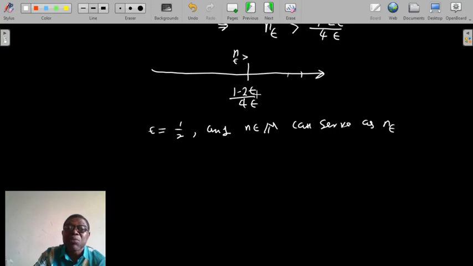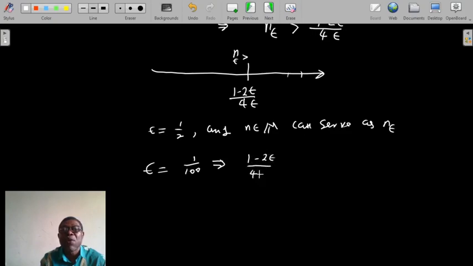So if epsilon is smaller than half, let us assume that epsilon is 1 over 100. Let us see what will happen. If epsilon is 1 over 100, then (1 minus 2 epsilon) over 4 epsilon will be equal to (1 minus 2 over 100) all over 4 times 1 over 100.